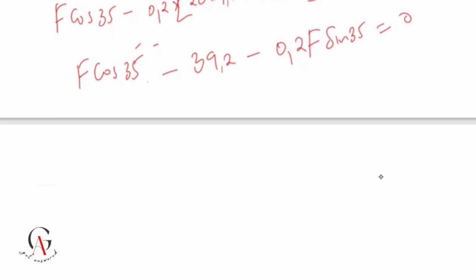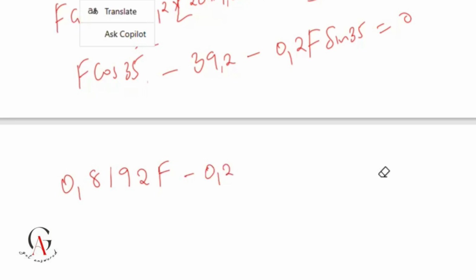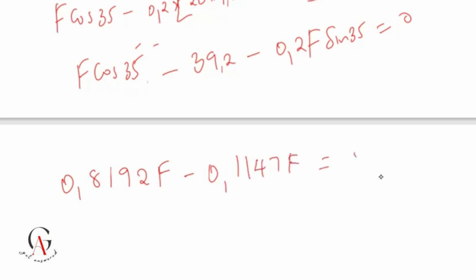So cos of 35 is giving me 0,8192F. We are subtracting 0,2 times sine of 35, which is 0,1147. F is equal to 39,2.